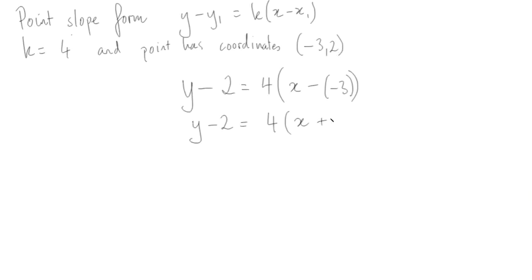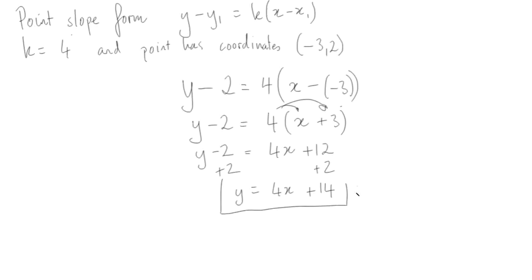Minus minus 3 makes plus 3, and then I can multiply in the 4 to get y minus 2, and then 4 times x is 4x, 4 times 3 is plus 12, and then I want y equals, so I just have to add 2 to both sides. I get y equals 4x plus 14. That's the equation of the straight line whose gradient is 4 and goes through the point minus 3, 2.